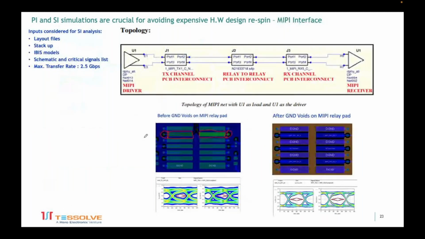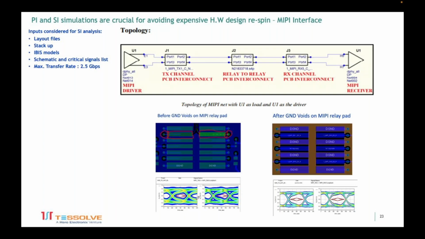This is one example. We found through simulation there was a mistake. This is the topology where, from one of the MIPI drivers, it goes through certain relays and into the receiver. The relay had a ground plane across its footprint in the adjacent layer that became too capacitive. And it's not for all the relays.